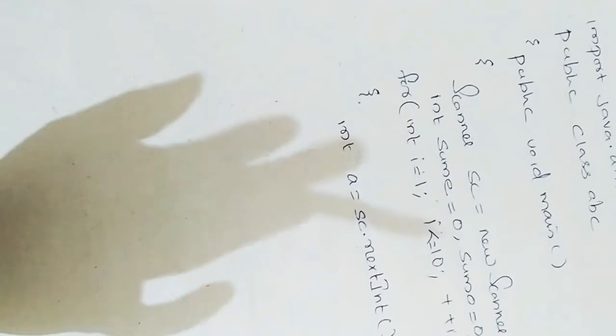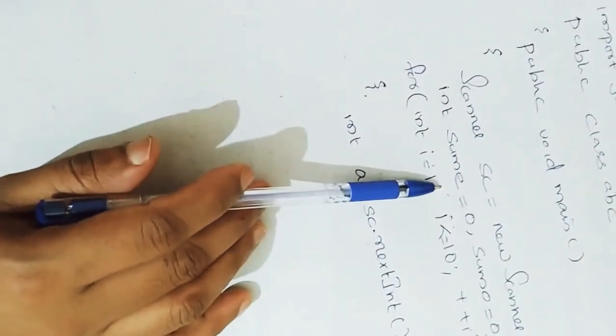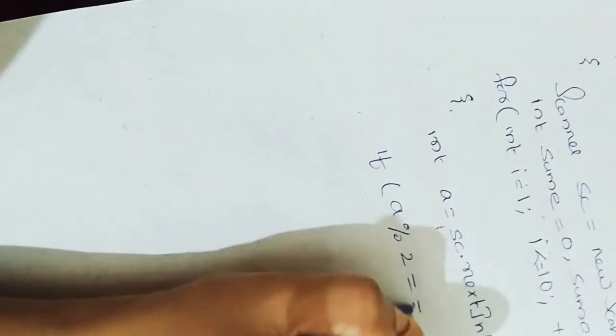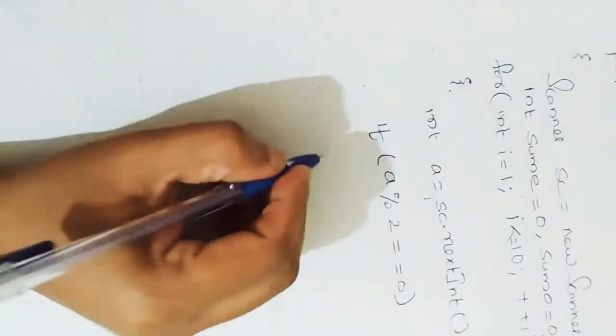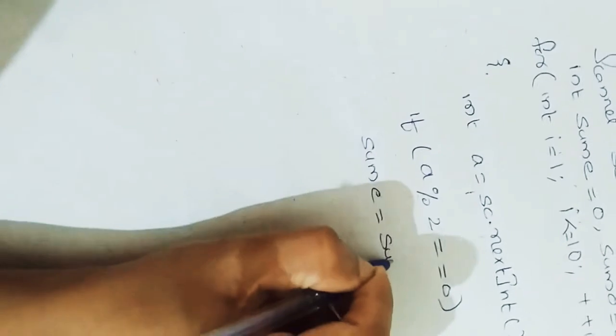Why am I writing the accepting of the value inside the loop? Because the question is to accept any 10 numbers from the user, so the loop has to work 10 times, and 10 times the user has to enter the value. After that, if it is an even number, we have to find sumEven is equal to sumEven plus a.